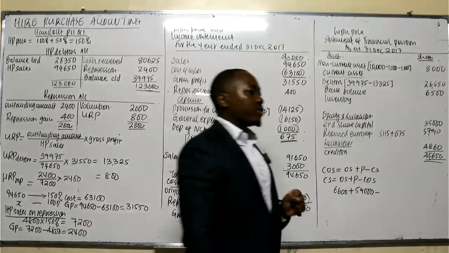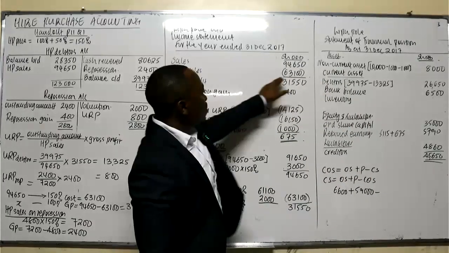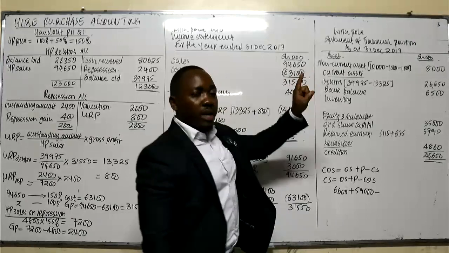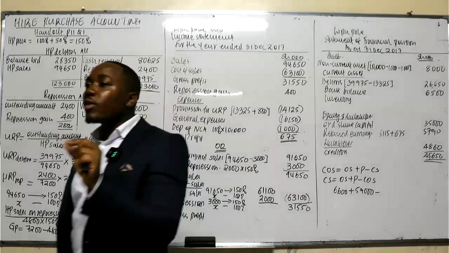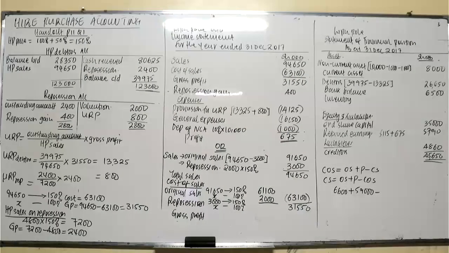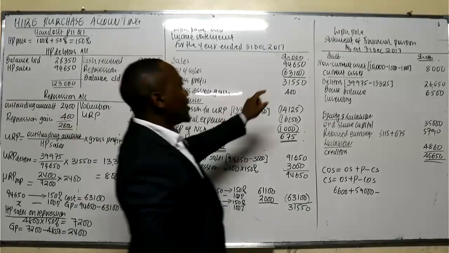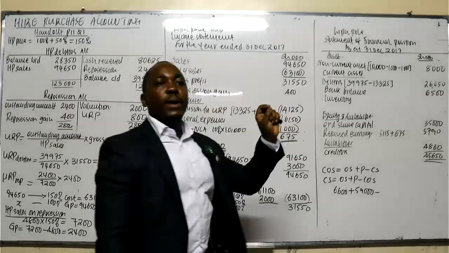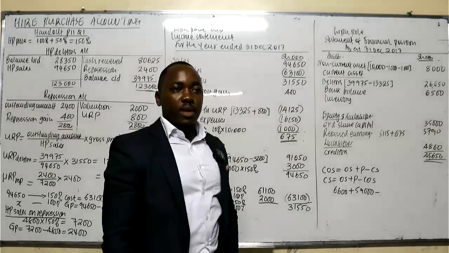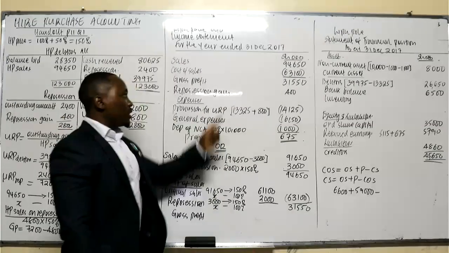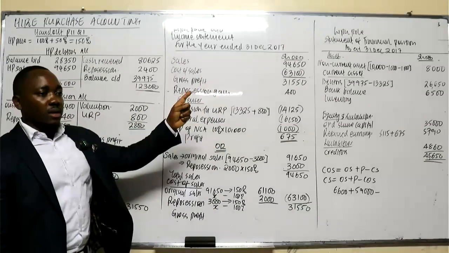Now, listen up for the cost of sales. The cost of sales was 63,100, but this one includes the cost of repossessed goods. How much? 2,000. So take 63,100 and minus the value of the repossessed item, 2,000. How much do you get? 61,100.